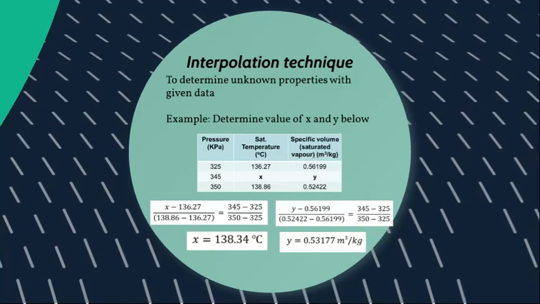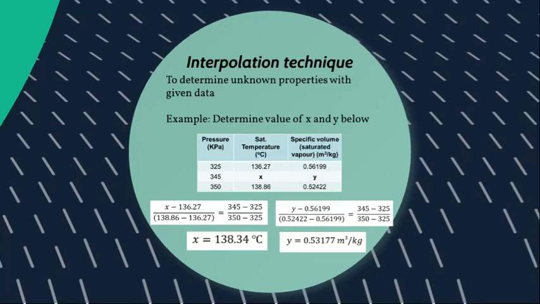For example, in the table given below, you are looking for the saturated temperature and specific volume of saturated vapor at 340 degrees C. If you refer to table A4, you will realize that we do not have specific properties at 340 degrees C. Instead, we have values at 325 degrees C and 350 degrees C. So, realizing that the temperature of 340 degrees C falls within 325 and 350 degrees C, we can determine these two properties.